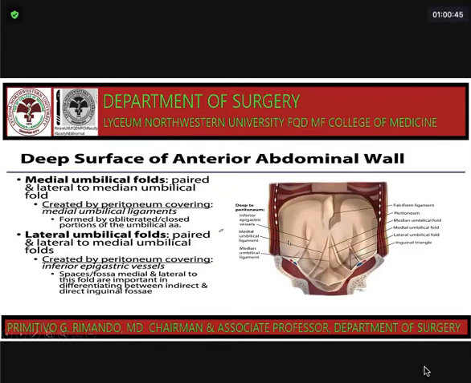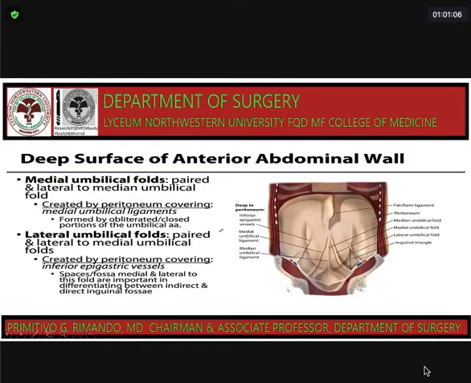inferiorly you have your paired medial umbilical ligaments and your median umbilical ligament.